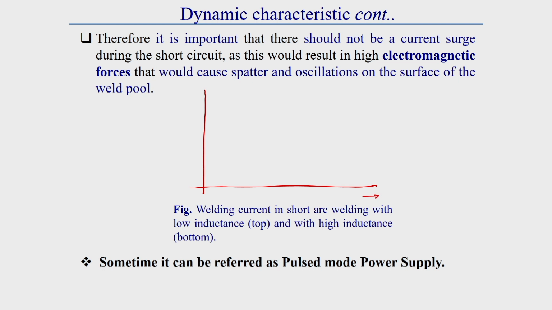This is time t. Here I am showing two figures. This axis represents current I. So, how is the current varying?